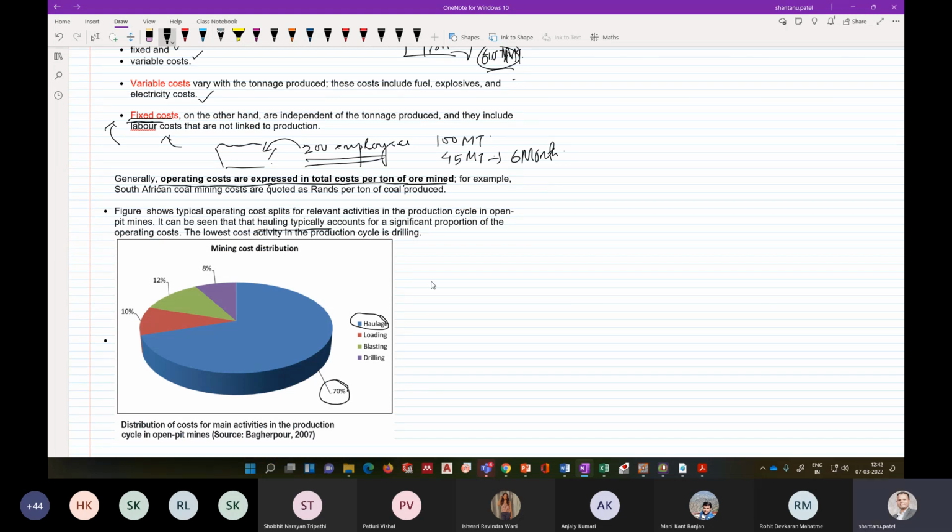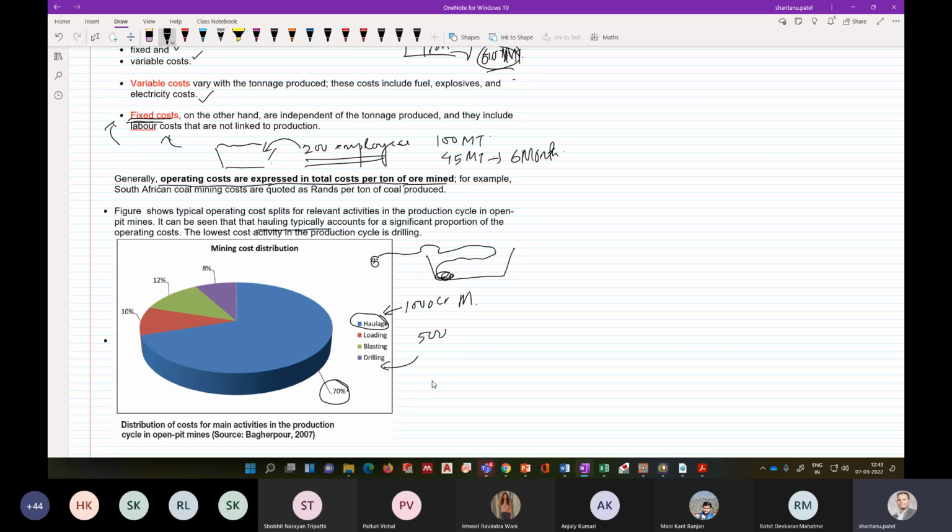So let's say you have a mine here, and taking the ore out from this mine to the respective position takes a huge chunk of money. Let's say you have a 1,000 crore mining asset, or maybe the total operating cost is 500 crores per month, then a lot of that amount goes to hauling.